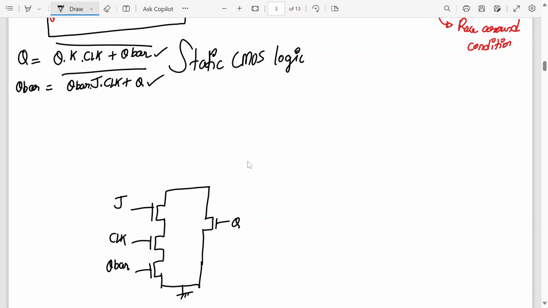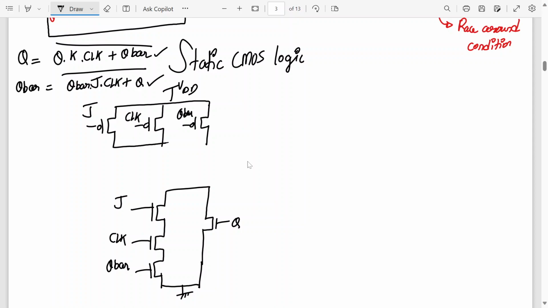Then the PMOS network will be these three inputs. There will be three PMOS transistors in parallel, 1, 2, and 3. And what are the inputs? J, clock, Q bar. All of them will go to VDD.